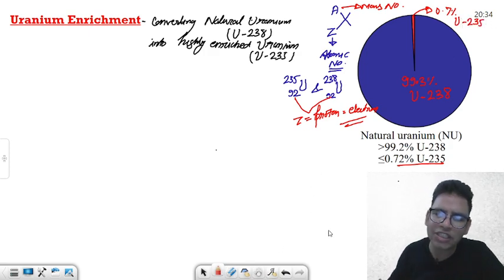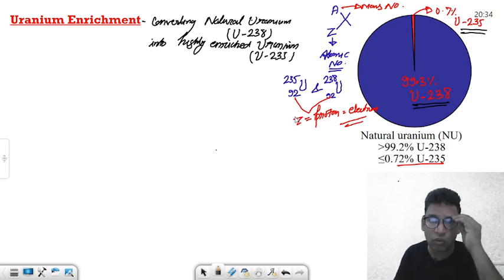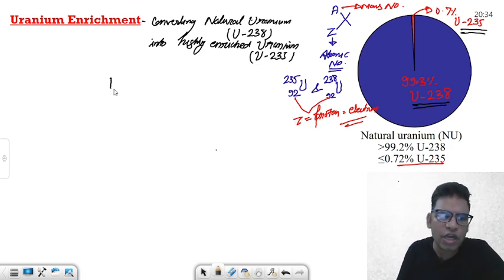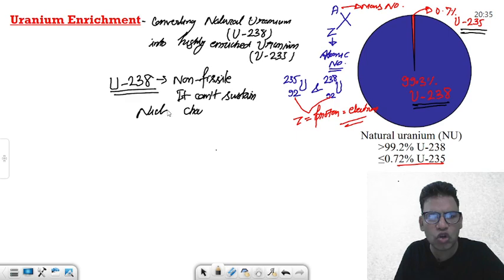So nature has uranium in this kind of mixture. But why is the world talking about uranium-235? Because uranium-238 is non-fissile material. What is the meaning of non-fissile? Simply it means it can't sustain a nuclear chain reaction.